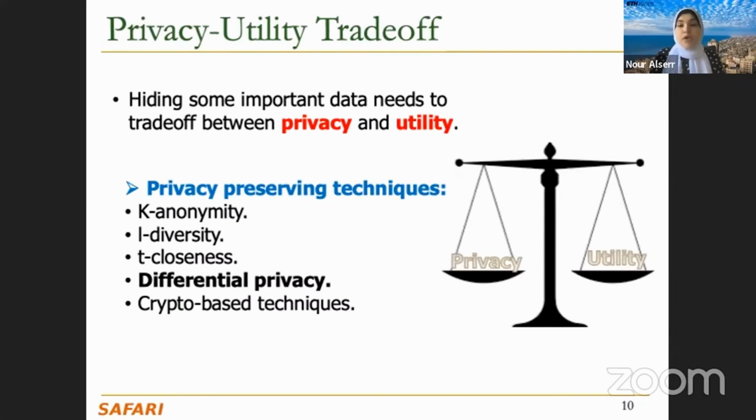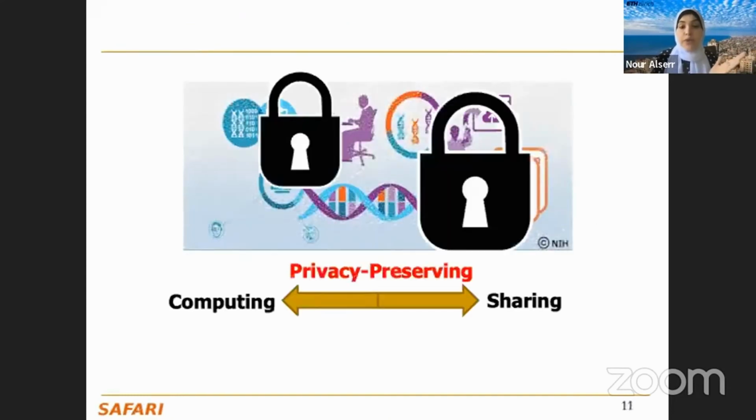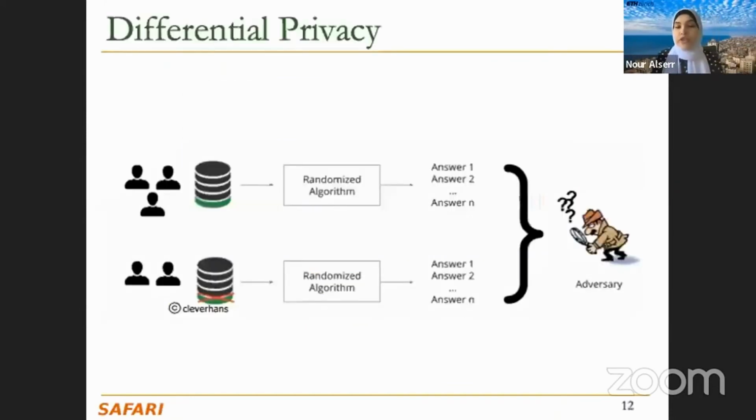Okay, so in general, if we are talking about genomic data privacy, we need to consider both the computing and also the sharing. What we consider in this lecture is the sharing of genomic data. So let's go again to differential privacy. Simply, what is differential privacy?